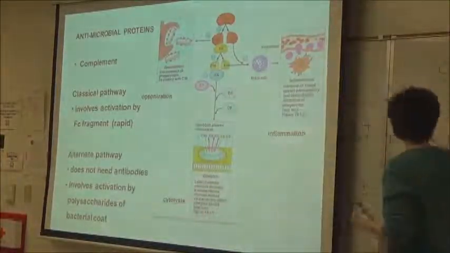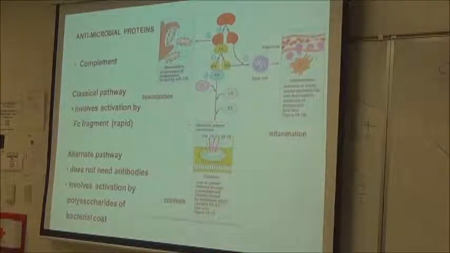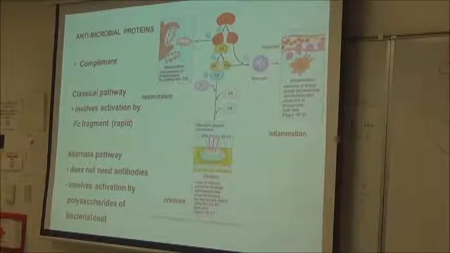But because it's the non-specific part of the antibody, this is still non-specific. Does that make sense? If it only reacted with a certain antibody at this end, that would make it specific. But because it's reacting with what's called the constant region, it's non-specific.